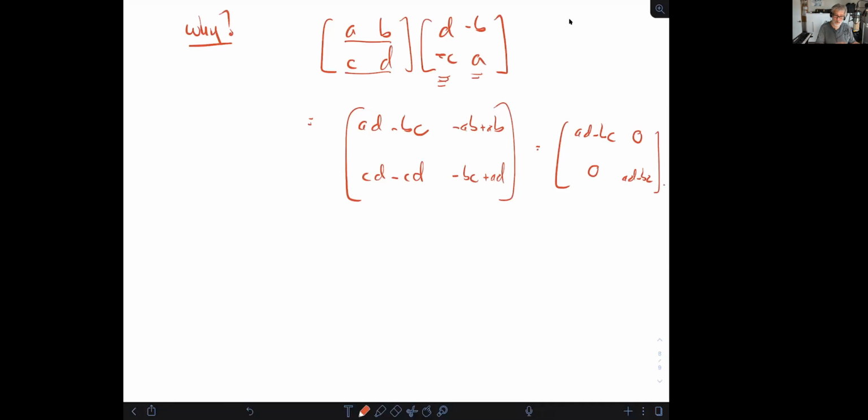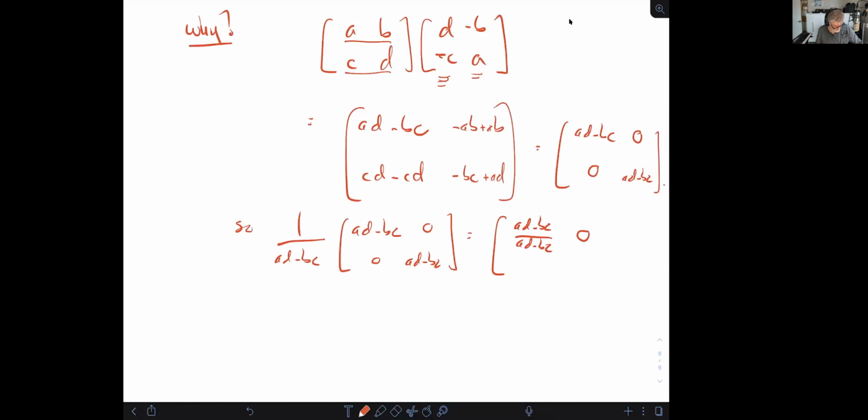Now if I multiply that by 1 over AD minus BC times this, what happens? I multiply all the entries by that coefficient, so I get AD minus BC divided by AD minus BC. 0 times anything is 0. This is AD minus BC over AD minus BC.